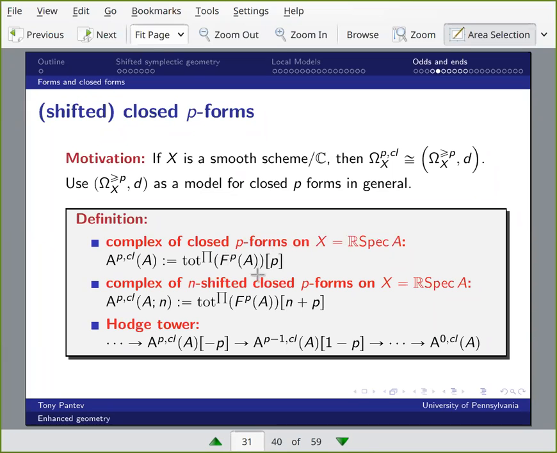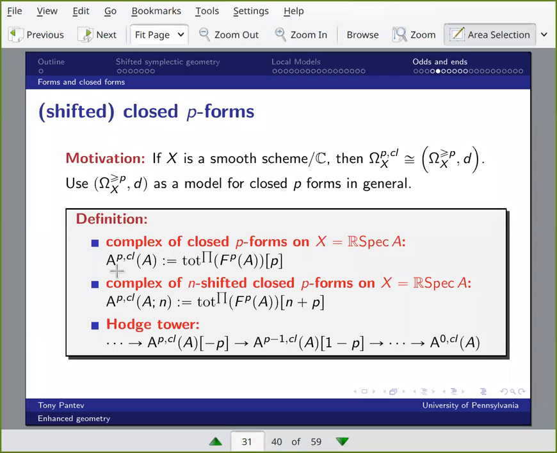And you can truncate it stupidly at degree P and take the total complex of that stupidly truncated guy, because the functions can have odd and even degrees. Now it's not a finite complex. It can go infinitely in the direction of the forms. So when you are taking the total complex, you need to take it with respect to the product rather than the direct sum. But you totalize, you take the total complex, and you call these the closed P-forms.